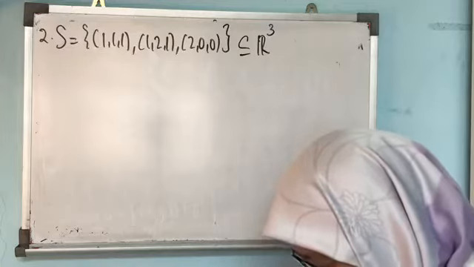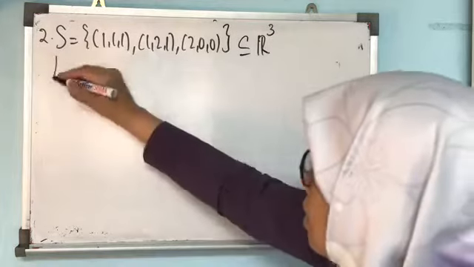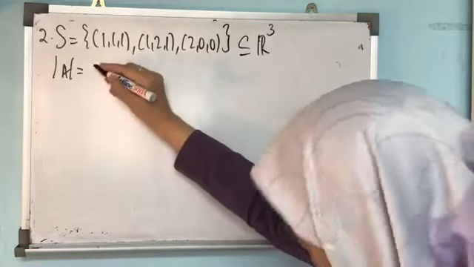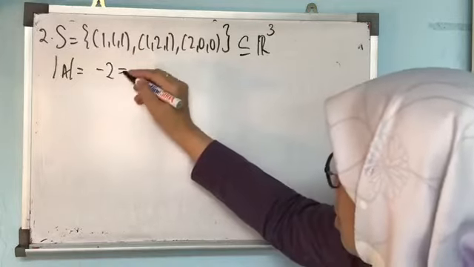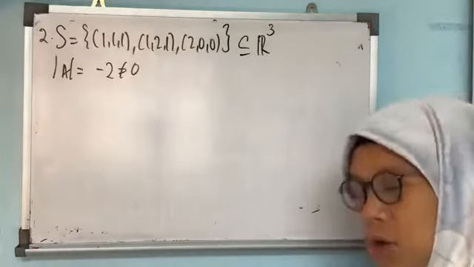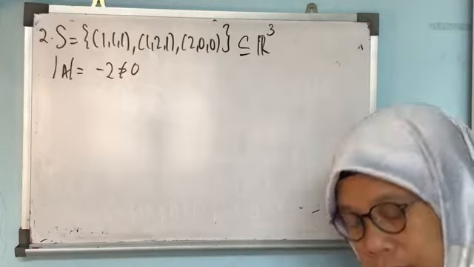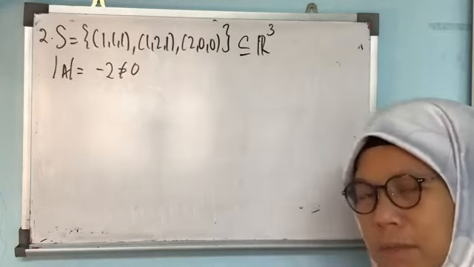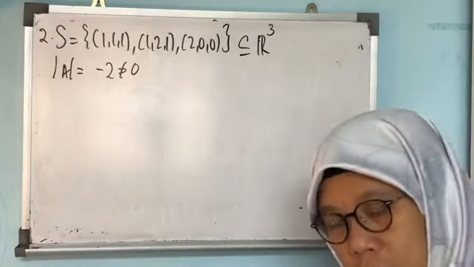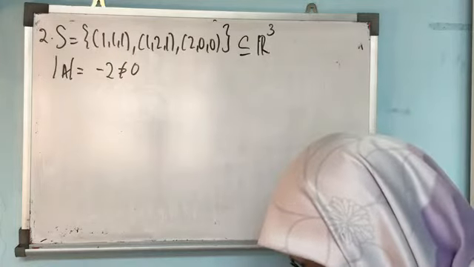From there, I'm not gonna calculate this again, but this is not 0. Okay, you cannot just say the determinant is not 0, so it spans. No, because you have to write in terms of the definition.